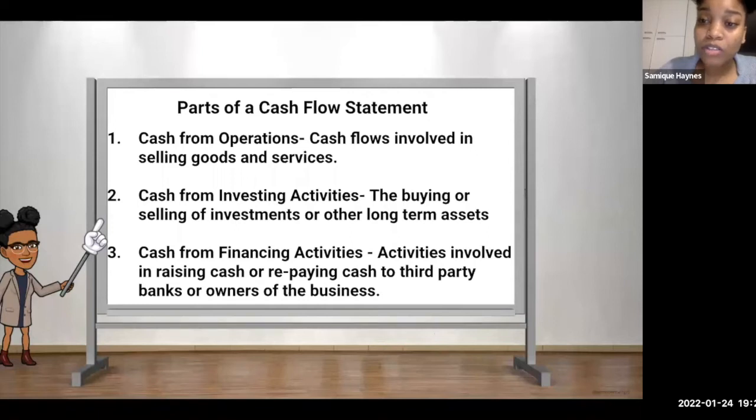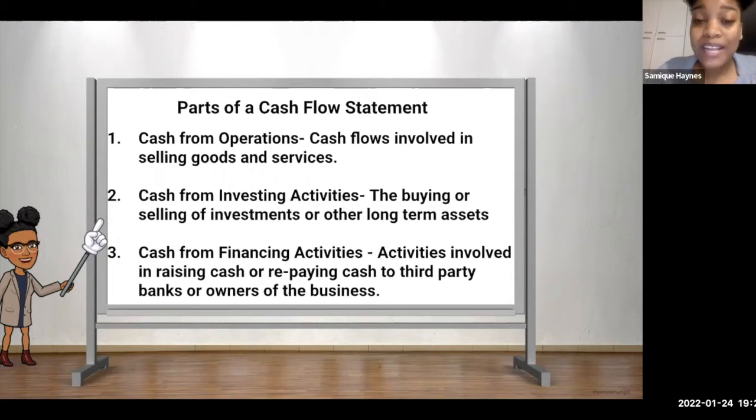If we buy long-term assets, cash is going to be going out. If we sell long-term assets, then cash is going to come in. Exactly. All right. So cash from investing activities deals with all of the transactions that deal with the buying and selling of long-term assets.